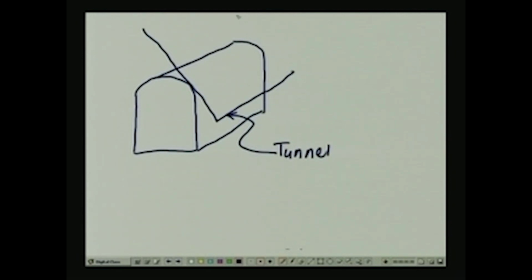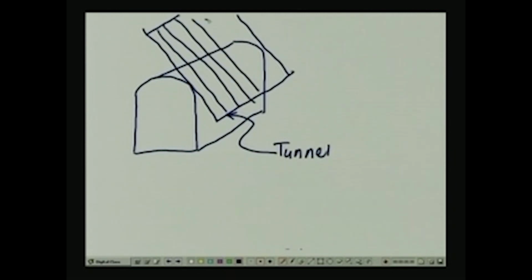Joint sets are oriented with respect to the tunnel alignment in this manner. So this one here is one of the joints, and there is another one. So the other joint set is oriented in this manner. This is just an example.